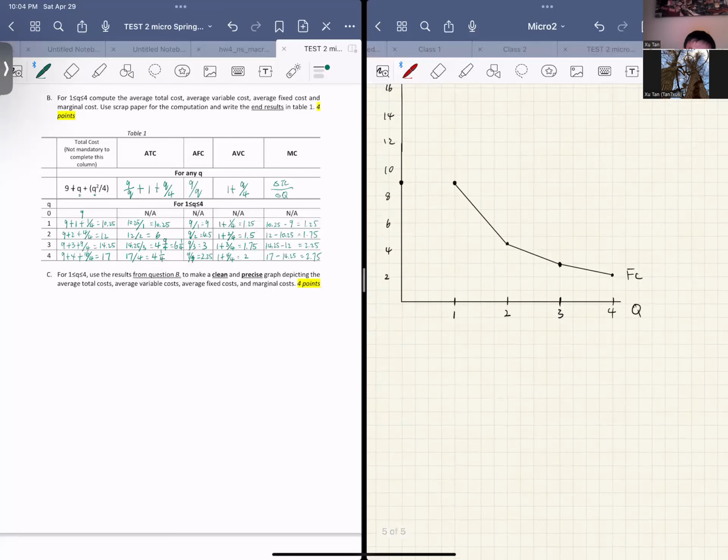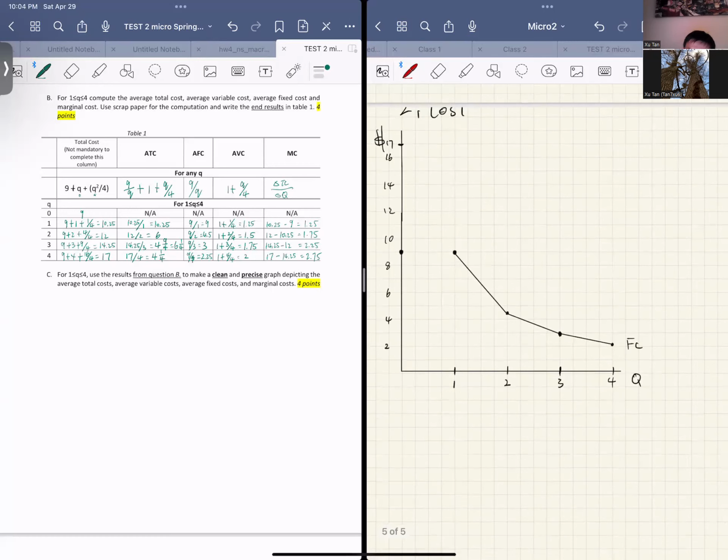For the first unit of average total cost, it's 10.25. Then 6. Wait, something is wrong with 3.